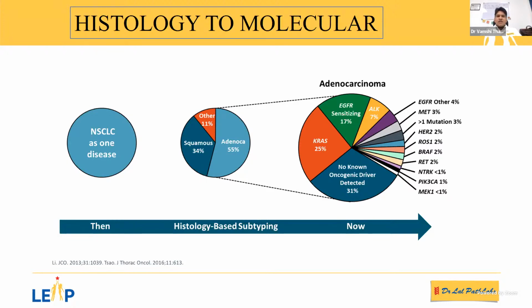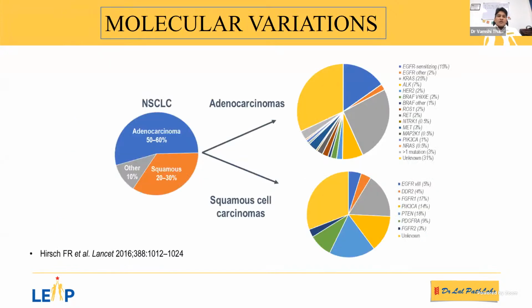So this was histology to molecular, especially adenocarcinomas. But if you look at non-small cell lung carcinomas, adenocarcinoma and squamous cell carcinomas are two different entities molecularly. Primarily, we talk about adenocarcinomas, where in our day-to-day practice we look at EGFR mutations, ALK mutations, BRAF mutations, ROS, RET, MET, NTRK1, and other driver mutations in the form of a TMB or immune checkpoint like PDL1.